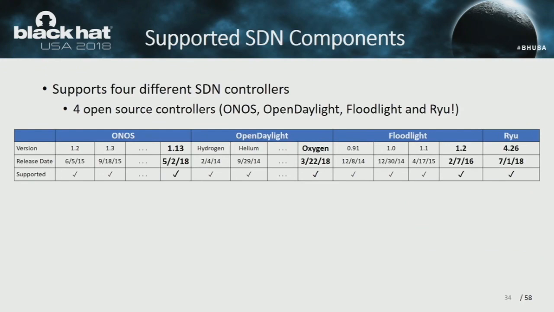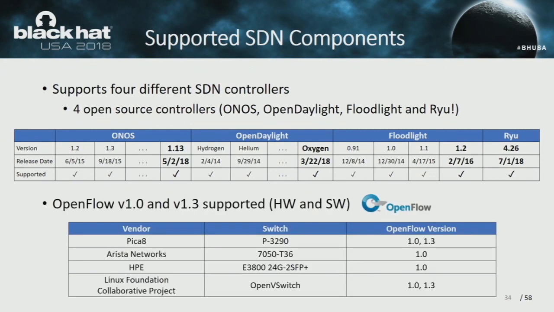And currently, Delta supports 4 open source SDN controllers: ONOS, OpenDaylight, Floodlight, and Ryu. As you can see in the top table, the latest version of each controller can be tested. And Delta supports 2 OpenFlow versions, OpenFlow 1.0 and 1.3. So any OpenFlow-enabled switches that are fluent in these versions can be tested.